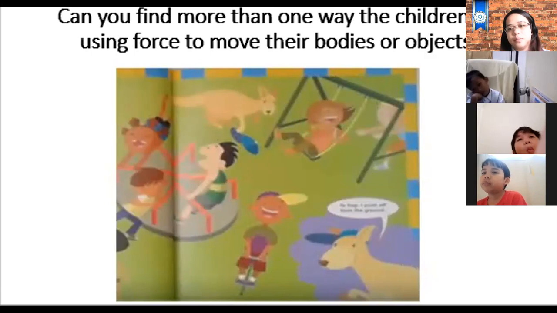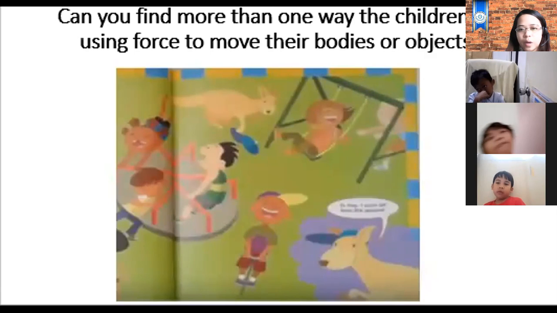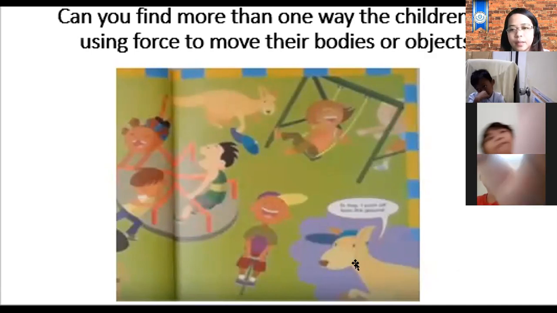Spinning, jumping, running, and also climbing and swimming. You have the spinning wheel, the jumping, the swinging and pushing.